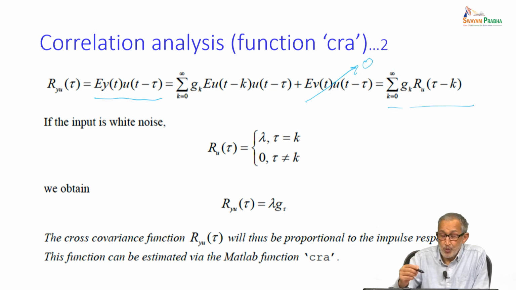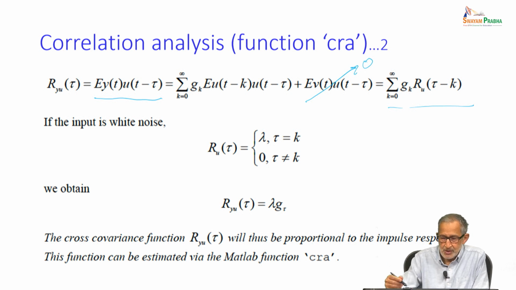If the input is white noise, then r_u by itself is equal to a non-zero value at tau equals k, and for all other tau not equal to k, it is equal to 0.